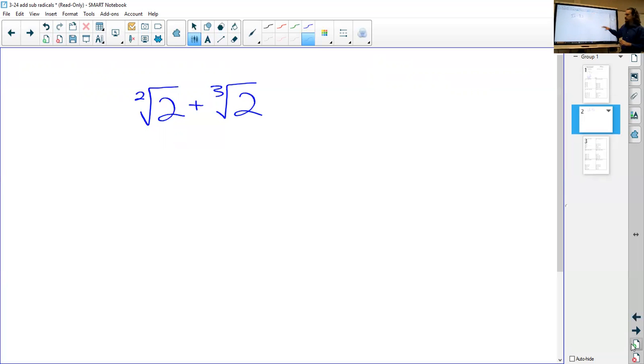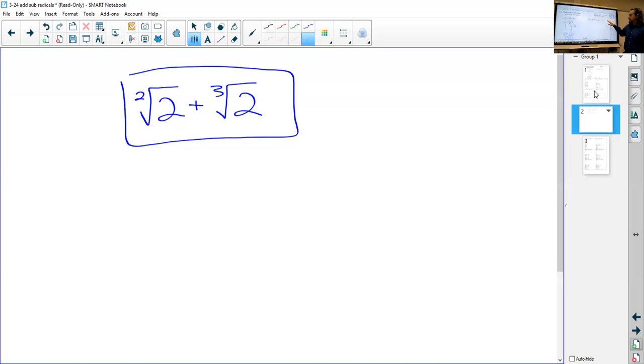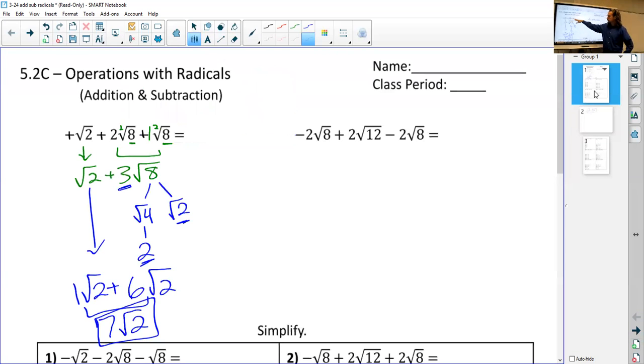You can't combine these together. If it said simplify square root of 2 plus the cube root of 2, your answer would be the square root of 2 plus the cube root of 2. There's nothing more you can do with that. So the only time you can add or subtract is when you have the same number under the radical and the same index.